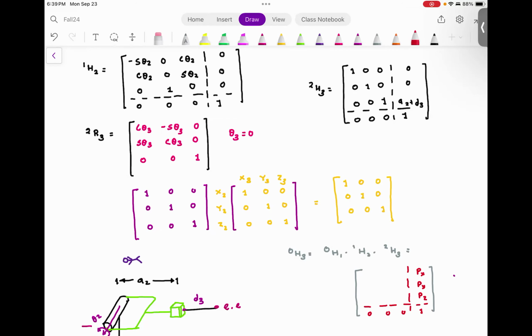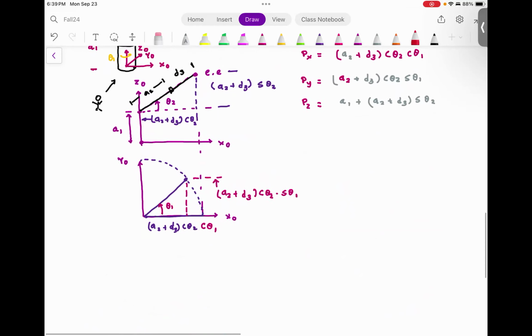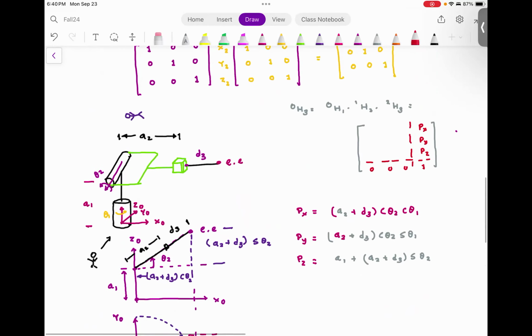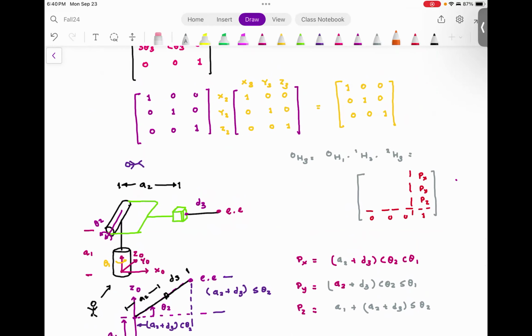One last thing. We have derived this expression for forward kinematics, but we really don't know anything about the orientation of the end effector. We don't know how that end effector is oriented or rotated. Now, once you perform this 0h3, this rotation 0R3 is given to you.